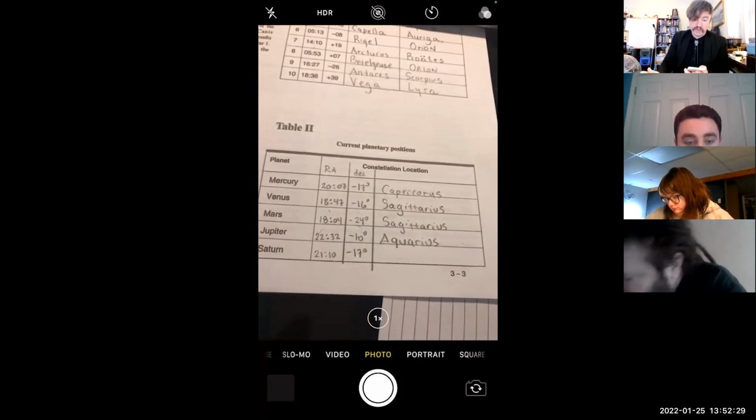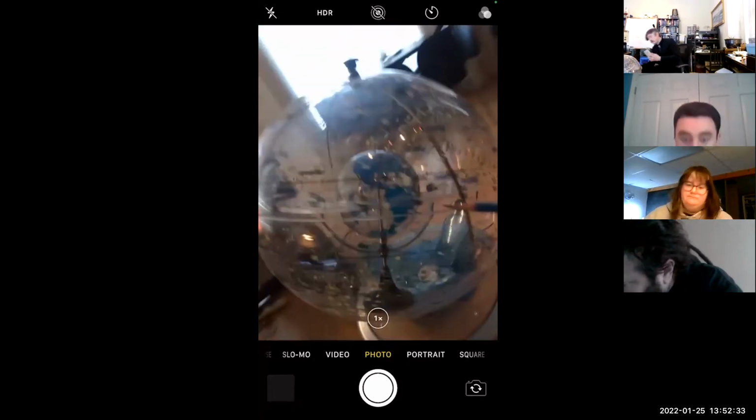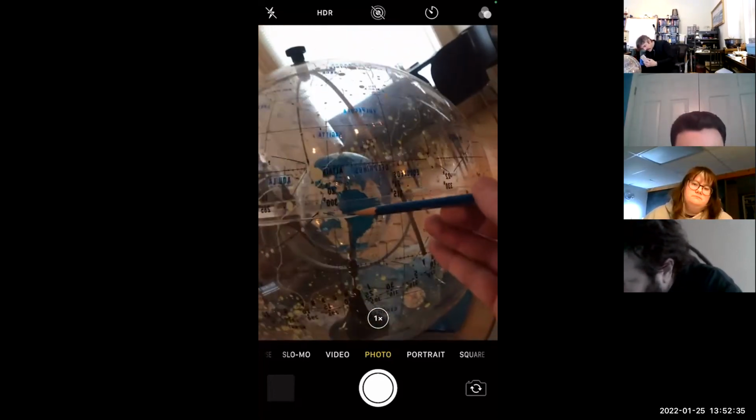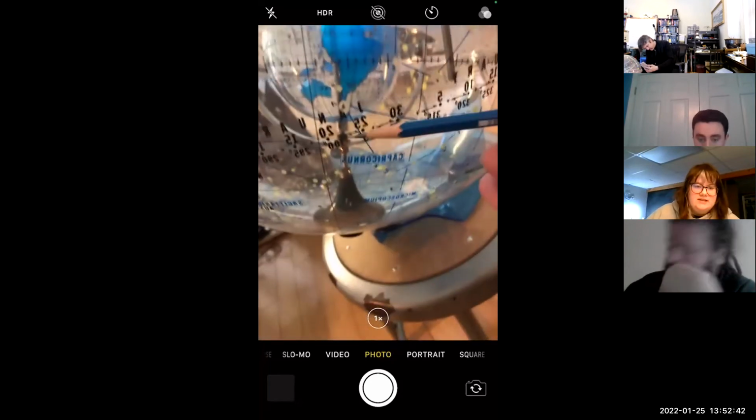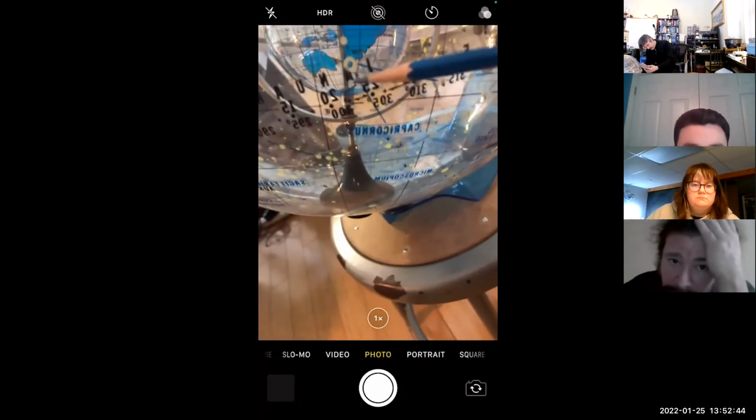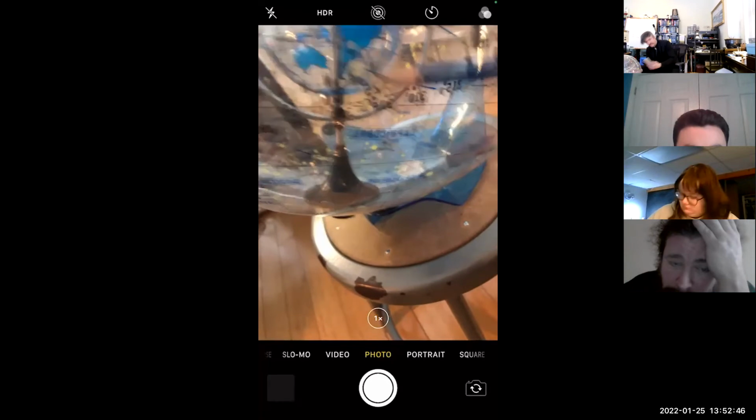Last, Saturn, 21 hours, 10 minutes, and minus 17 degrees. So 21:10, minus 10. What was the dec, guys? I'm forgetting. Negative 17. So over there puts us in Capricornus again.